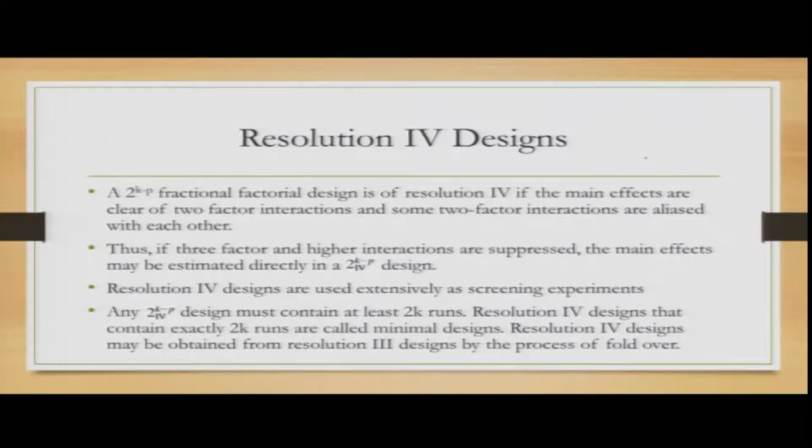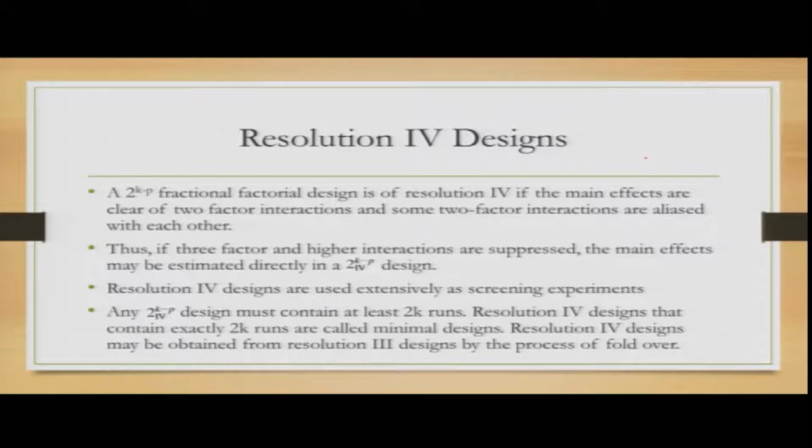The model is denoted 2 to the power k minus p with the resolution 4 as the subscript. Resolution 4 designs are used extensively as screening experiments, based on which we analyze what next combinations we will consider.